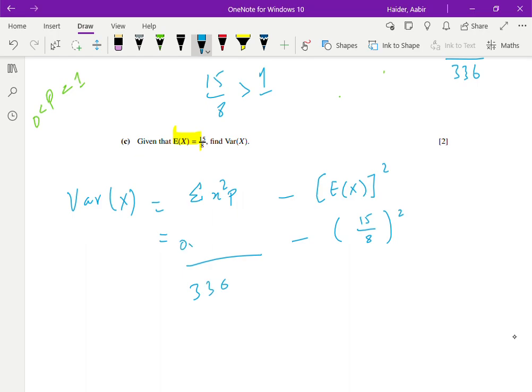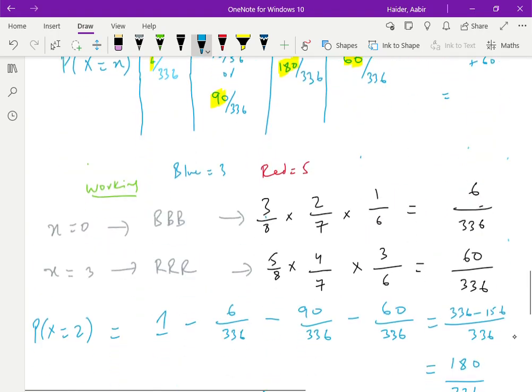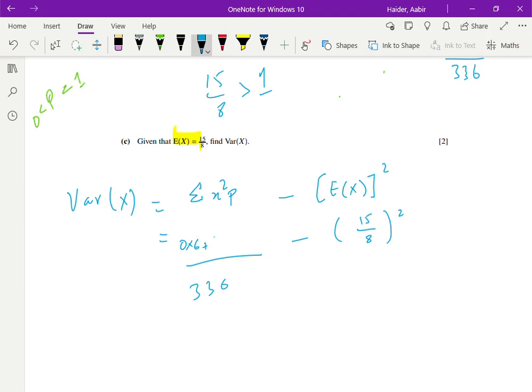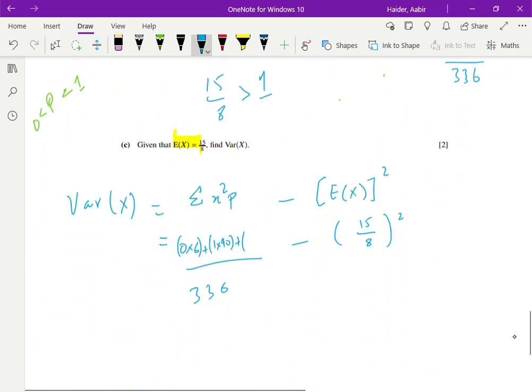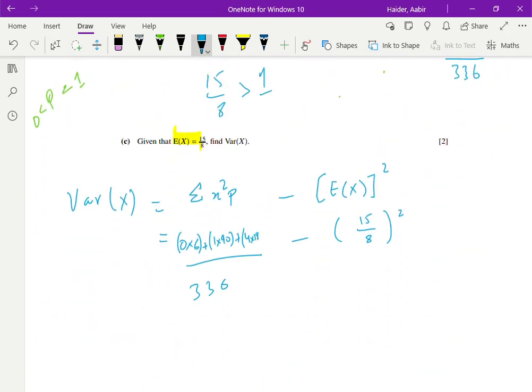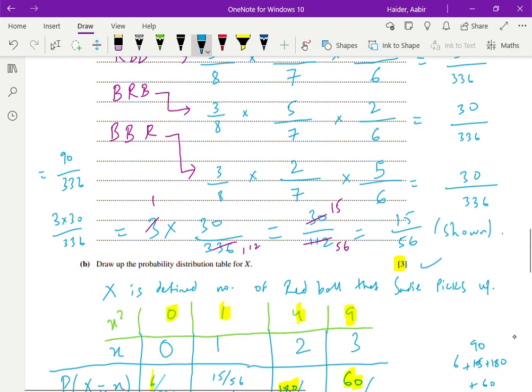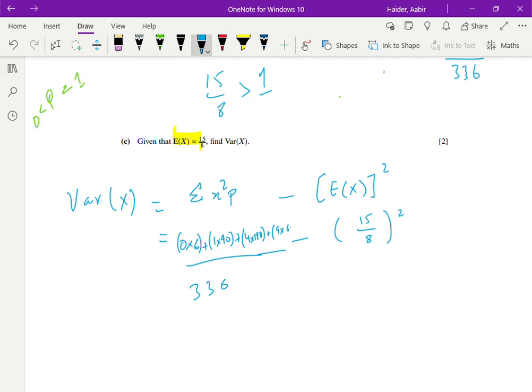And you can just multiply 0 with 6, 1 with 90, and 4 with 180, finally 9 with 60.